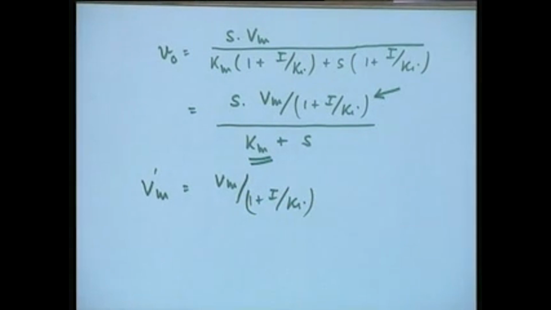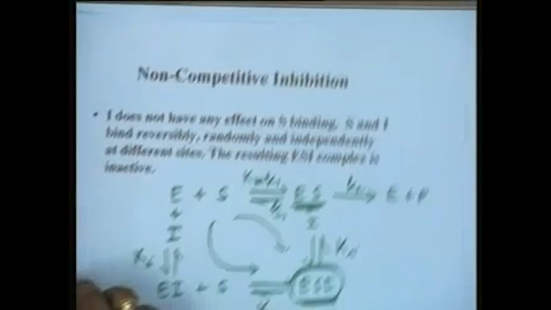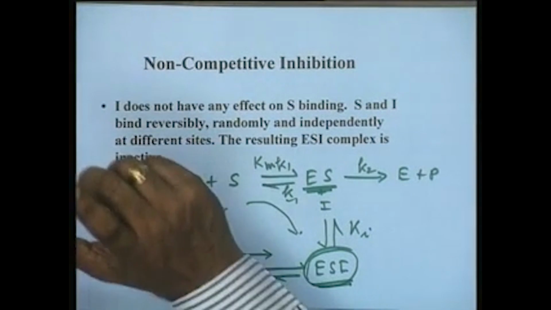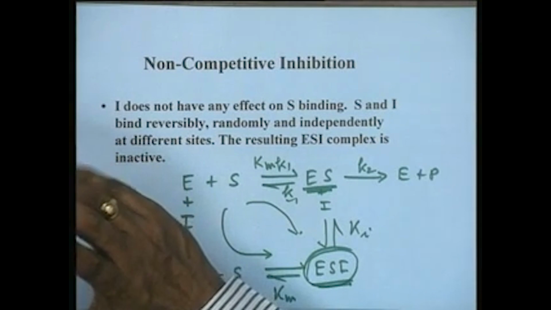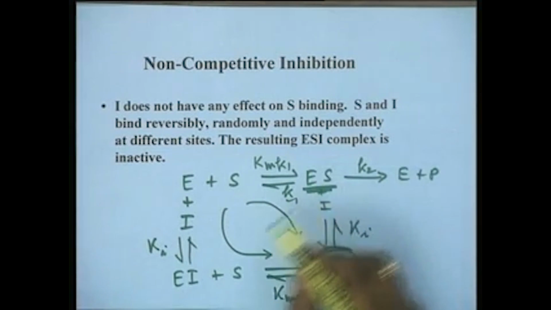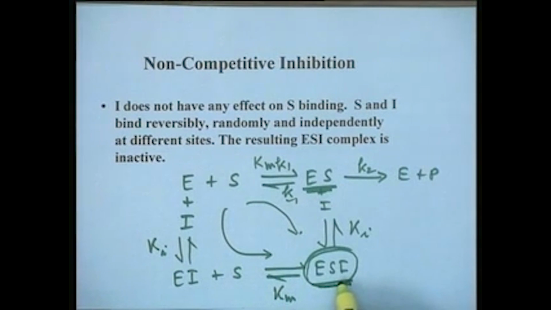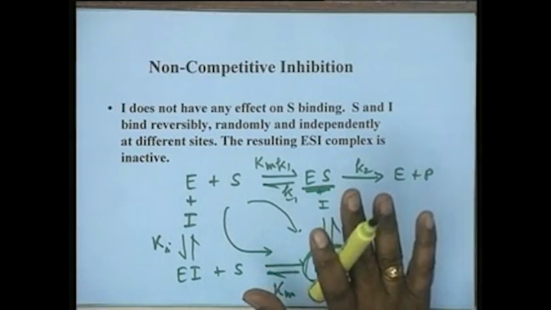Basically, if you look into the mechanistic concept, it means essentially that the total fraction of the enzyme molecules which was originally present for catalytic function has now got distributed into ES, EI and ESI, and only the part in the form of ES is catalytically functional.